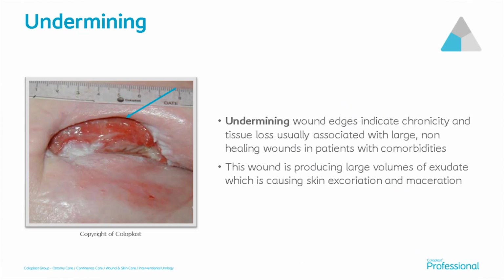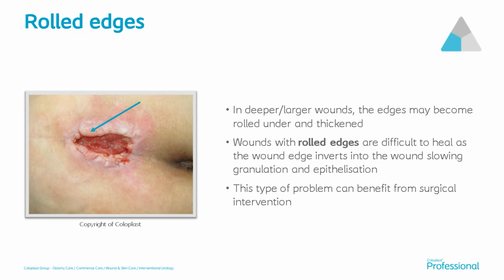So what do we need to do about that to try and help this wound move on in its healing? Or in our deeper and larger wounds that may have those rolled or thickened edges, they're quite difficult to heal sometimes, these types of wounds, but we need to be getting them into that optimum healing environment as best we can. And we can do that by helping to identify exactly what's going on with the wound.